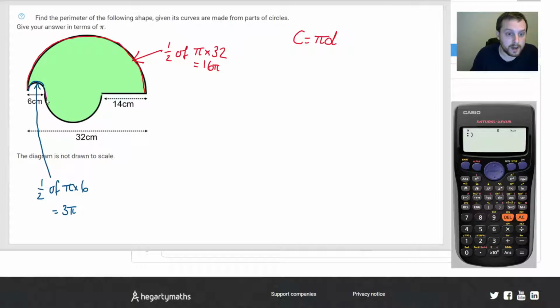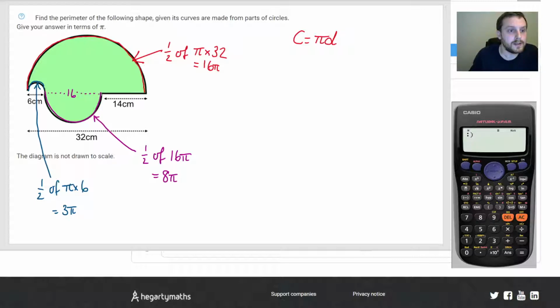Then we've got this part here, which is again half of a circumference. So what is the diameter here for this bit of circle? Well, 6 and 14 makes 20, and altogether it's supposed to be 32. So this part here must be 16. So this is a half of 16 pi, which is 8 pi.